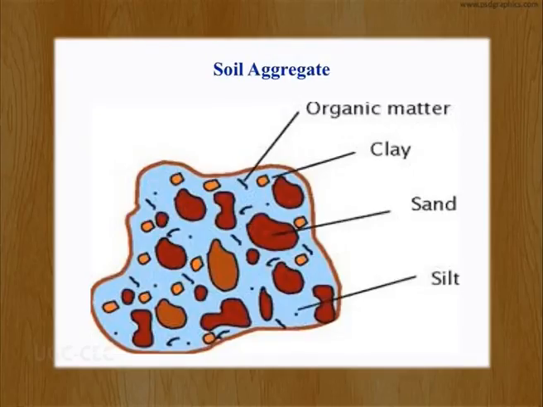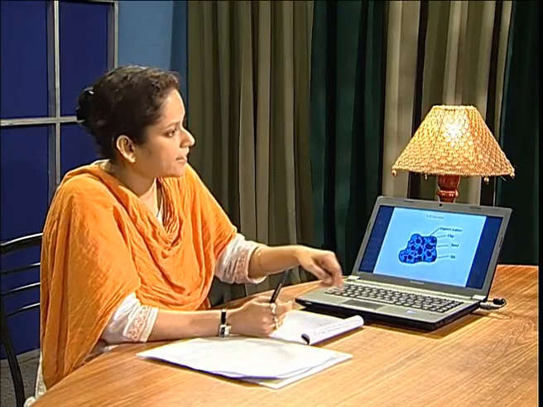It is nothing but a combination of clay, sand, silt as well as organic matter which aggregates together to form a macromolecular structure called soil aggregate. Depending on the average size of the soil aggregate, we can classify the soil structure into the following four main types.